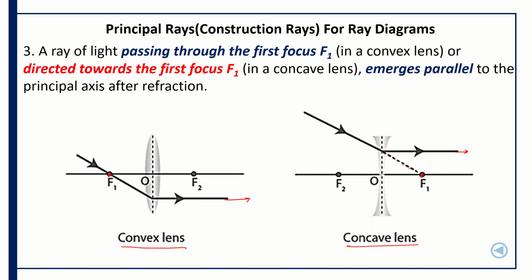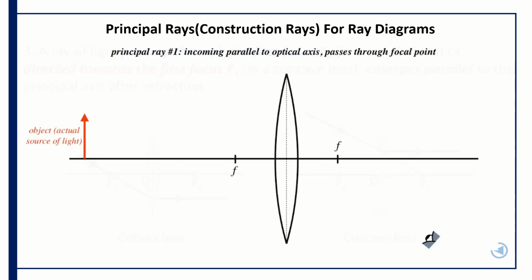With this information about convex lens and concave lens, let's try to understand the different image formations for different positions of an object placed near the convex lens. So what is happening here?